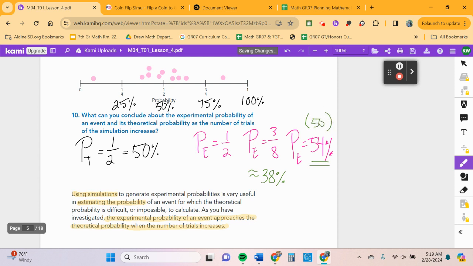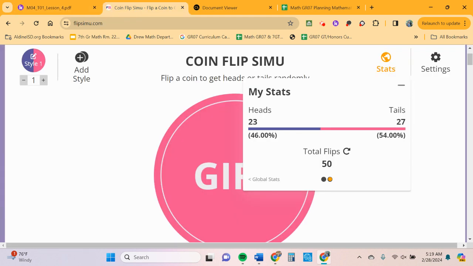Another thing that I want you to see is on this awesome coin flip simulator, you can also see global stats. So if I click global stats, I can see how many total times this coin has been flipped around the world. It's been flipped so far a total of about 63 million times. And look at those percentages.